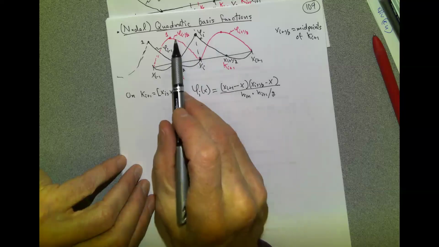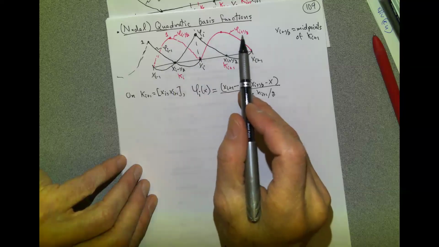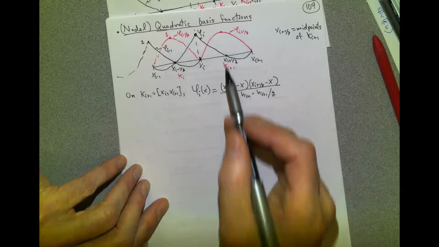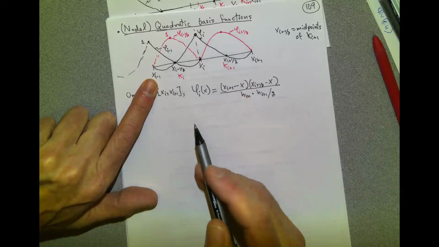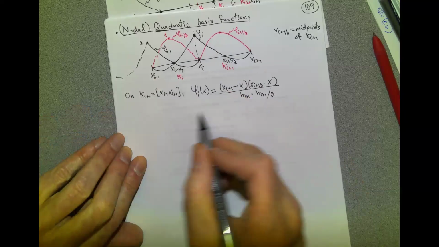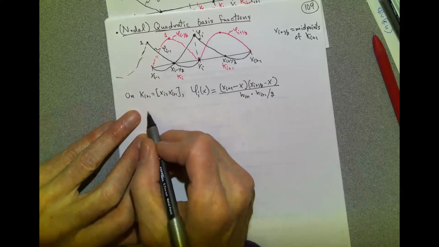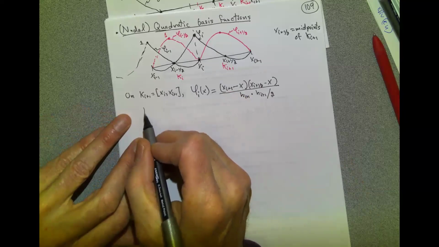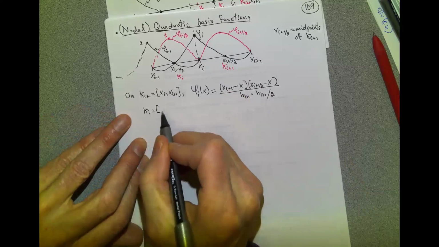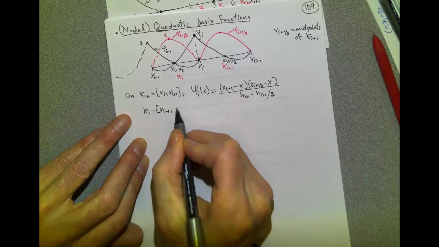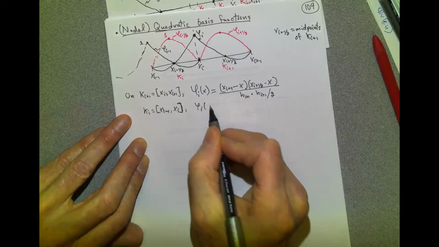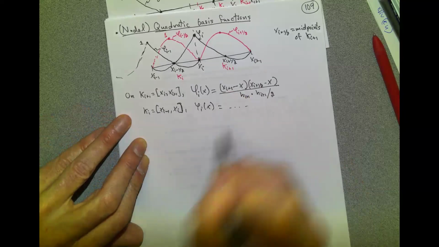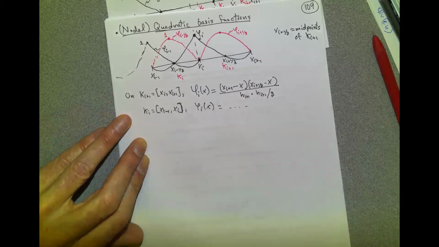But now what is interesting is that you need to do the same thing on the element Ki, which goes from xi minus 1 to xi. This function phi I is also non-zero there. You can develop the expression, but it's different from zero also, because you want to enforce the continuity.